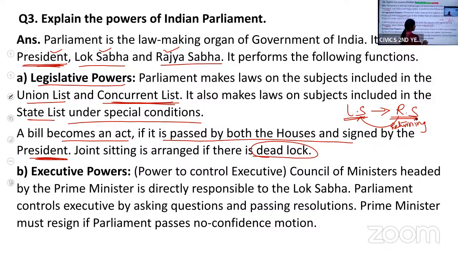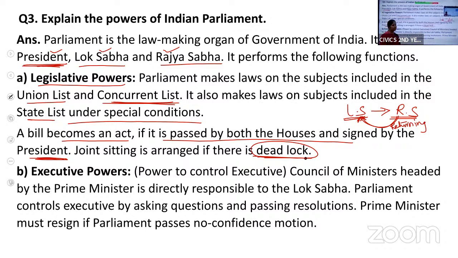Such a situation, when the bill is returned to the Lok Sabha and it is not ready to make the changes, and Rajya Sabha is not ready to accept that bill unless the changes are done, is known as deadlock, where the fate of the bill, whether it is approved or rejected, cannot be ascertained.